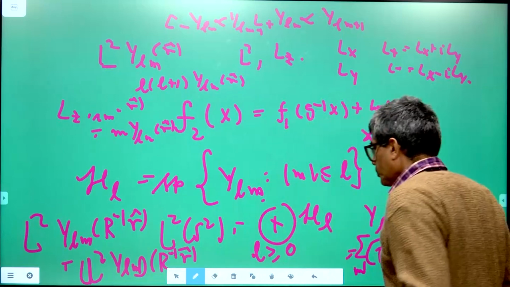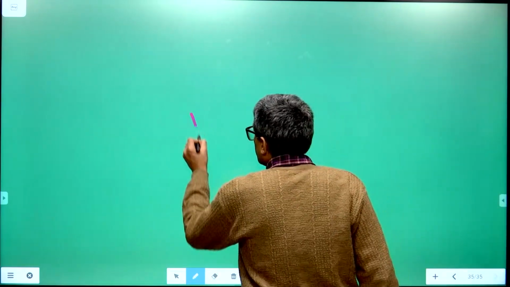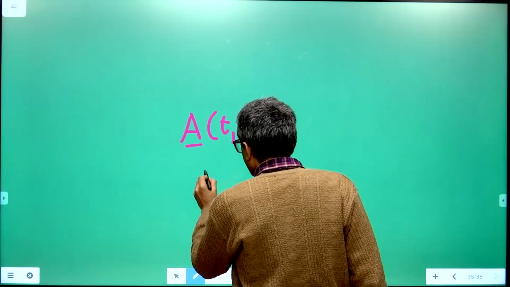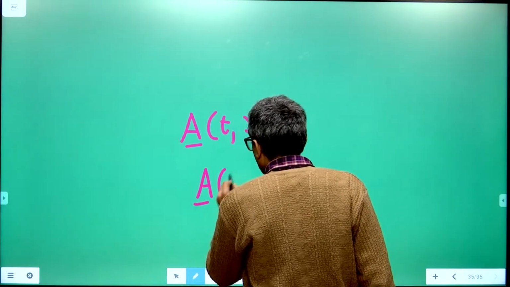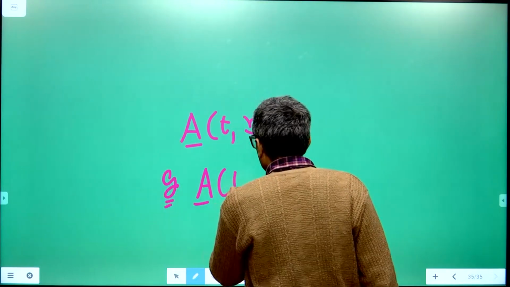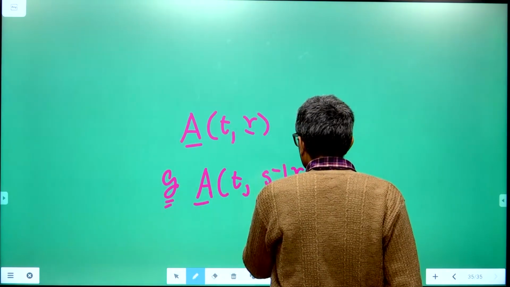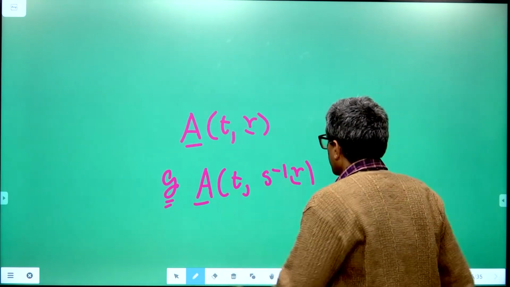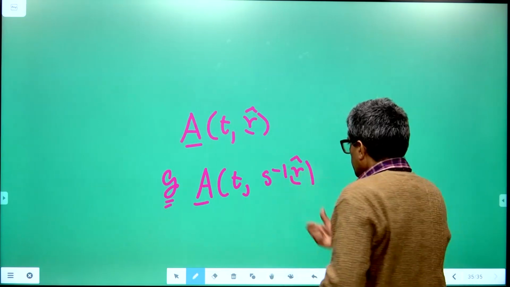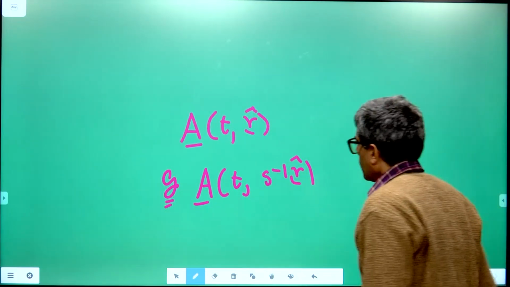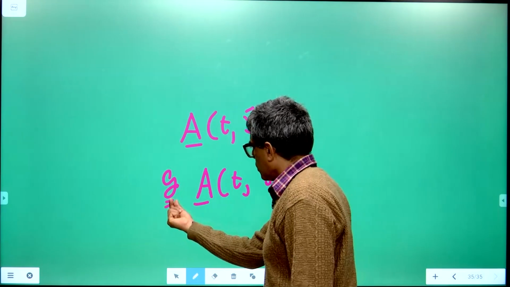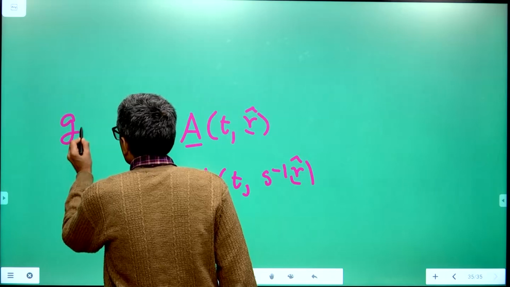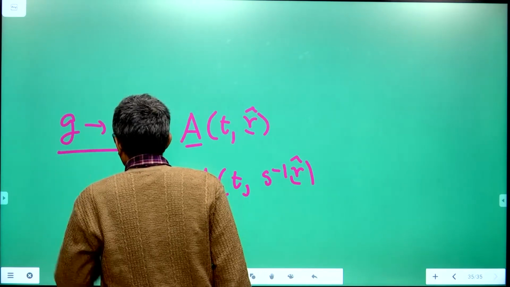So what you have is the following picture. You have A at time t, the original field which you estimated using the extended Kalman filter, and you take a rotation G acting on this vector field, A at G inverse R. You expand this in terms of, let us say it is on the surface of the unit sphere, the spherical harmonics, and use the fact that the map G to G is also a representation of the rotation group of dimension 3.